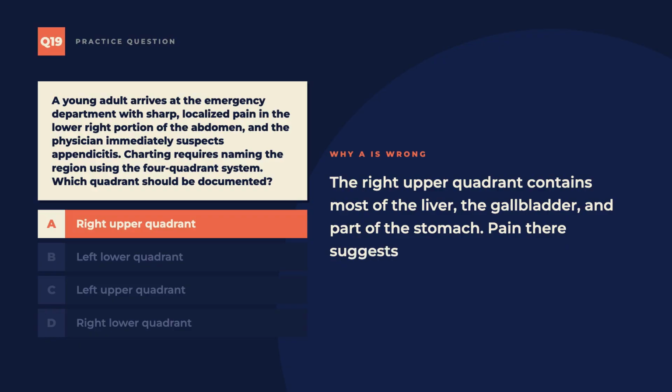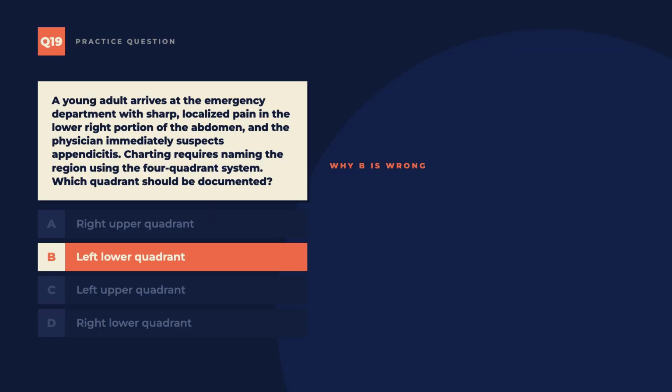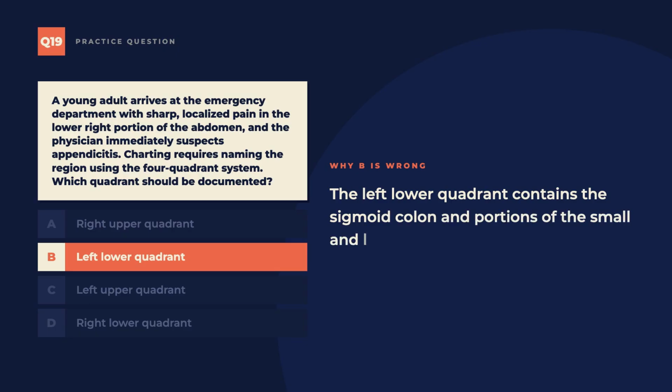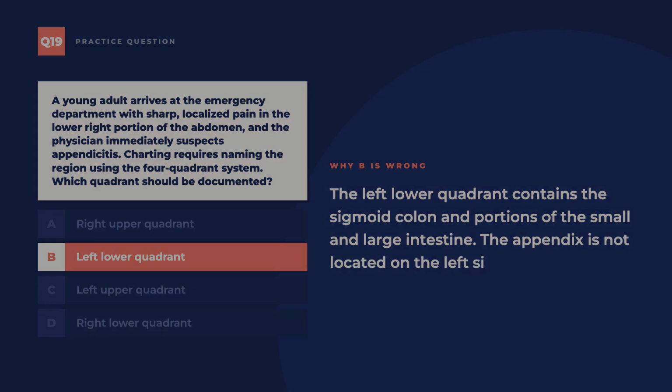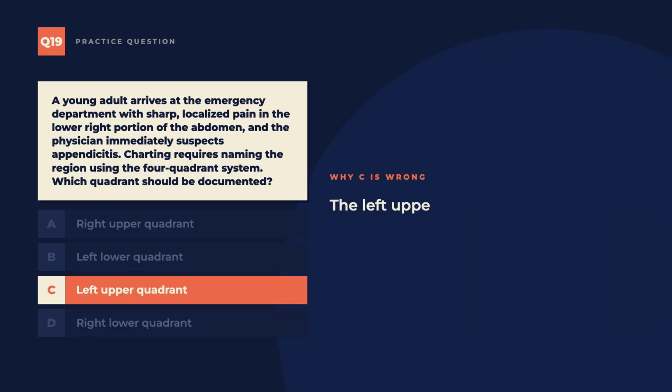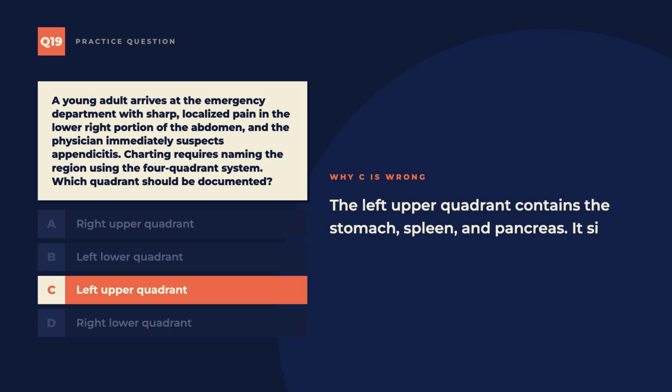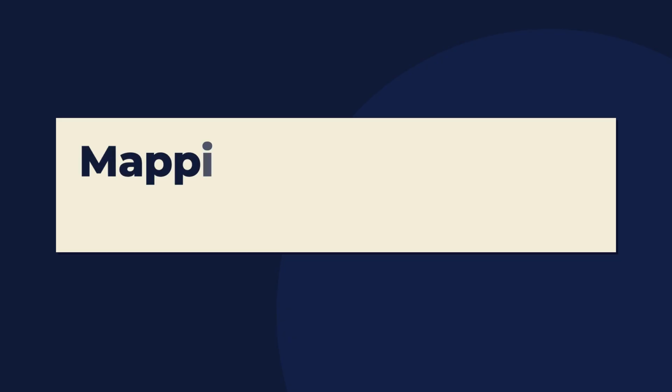Pain there suggests hepatobiliary problems rather than appendicitis. B is wrong because the left lower quadrant contains the sigmoid colon and portions of the small and large intestine. The appendix is not located on the left side. C is wrong because the left upper quadrant contains the stomach, spleen, and pancreas. It sits diagonally opposite the appendix.